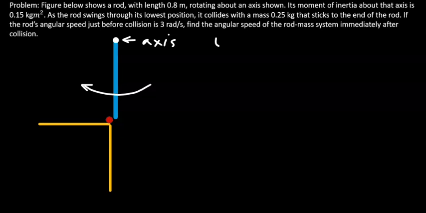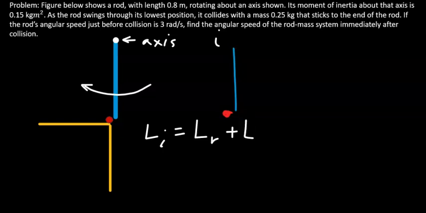So let's look at the initial state and let's look at the final state. The initial state is when the rod is about to hit the mass, but not quite. So in the initial state, the mass is stationary. So let's calculate the initial angular momentum of the system. It is the angular momentum of that rod plus the angular momentum of that mass, but we know the mass is not moving, so that is 0.